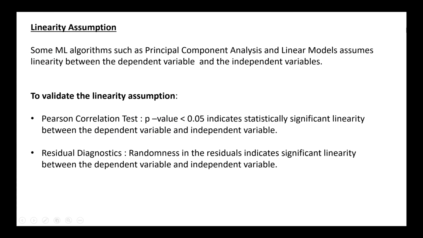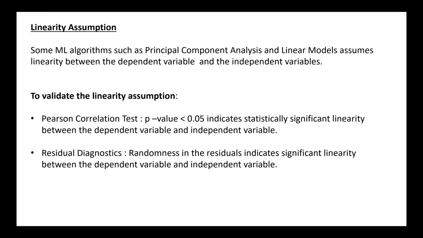Some machine learning algorithms, such as principal component analysis and some linear models, assume linearity between the dependent variable and the independent variables. So we want to validate this assumption in SAS. The two ways that are going to be demonstrated in this course are the Pearson correlation test and residual diagnostics. What do we want when we're using the Pearson correlation test?